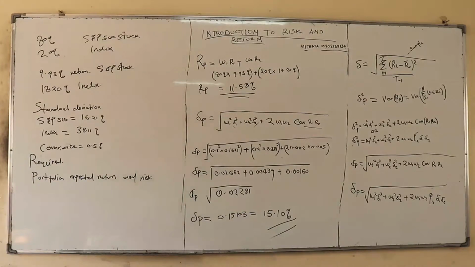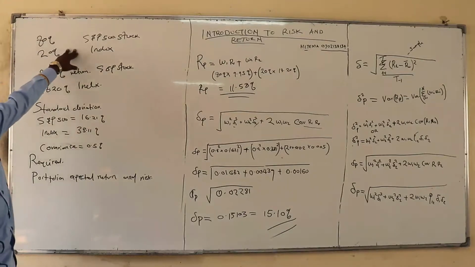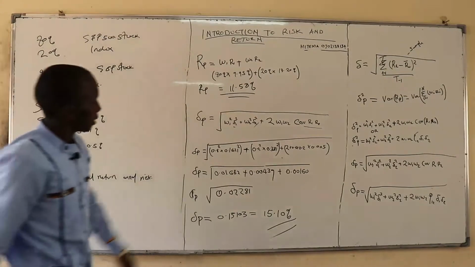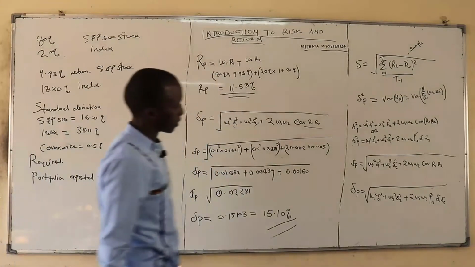So this is the portfolio return and portfolio risk associated with this portfolio of the S&P 500 USA stock and another asset, which is an investment in the emerging market index. So you find that the portfolio expected return is 11.58 and the risk is 15.10.